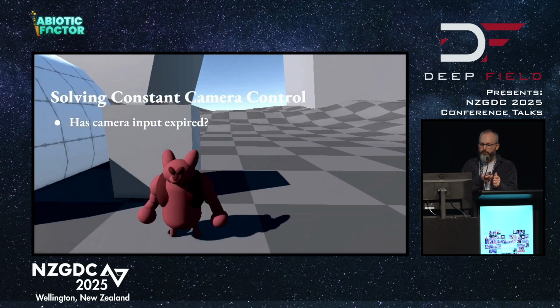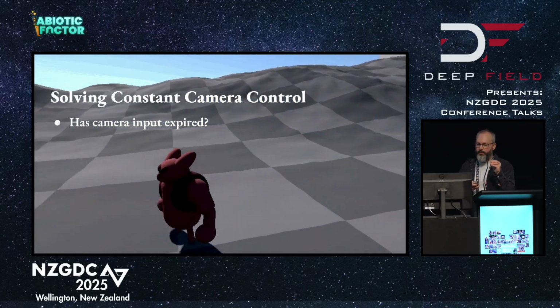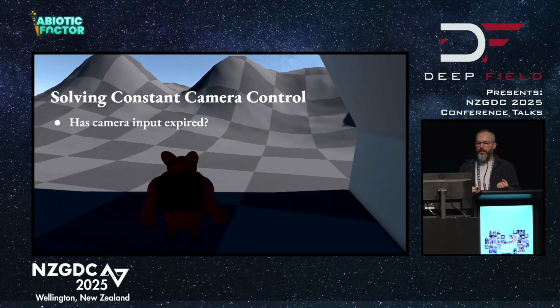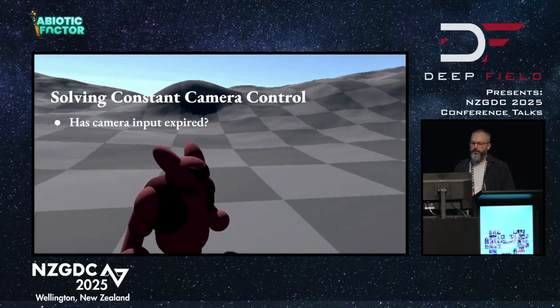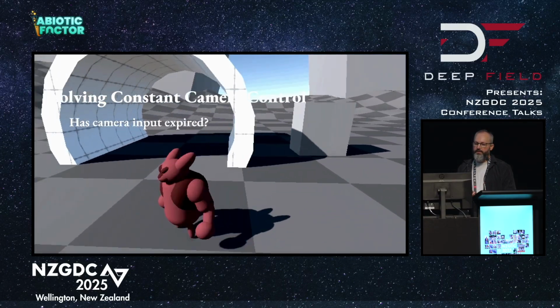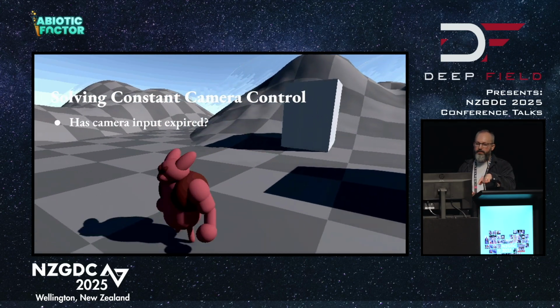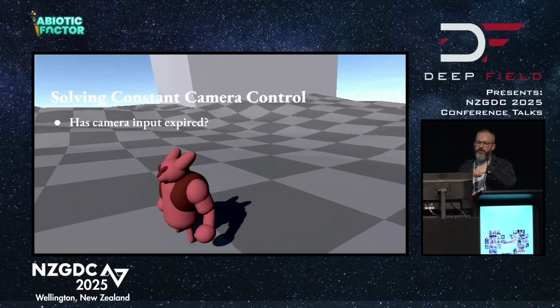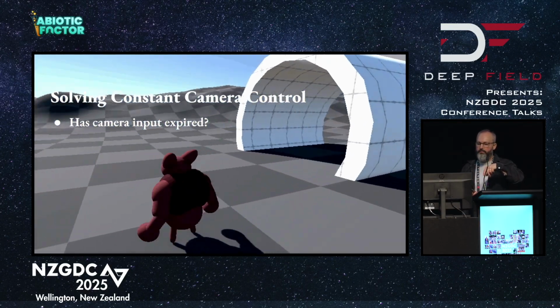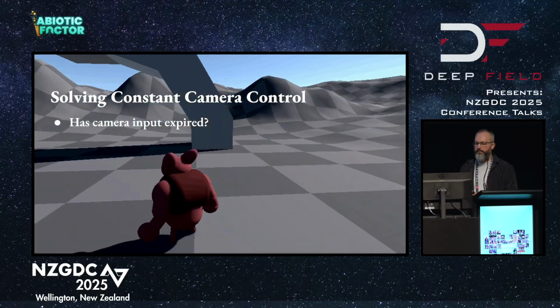You're trying to rotate the camera where you want it to go, but the game is trying to point it in a particular direction, and it doesn't always feel good. It's difficult to see in this GIF because of the way I edited it, but right at the very beginning, it's not rotating, and then after the camera has been moving for about a second, it starts to smooth in.